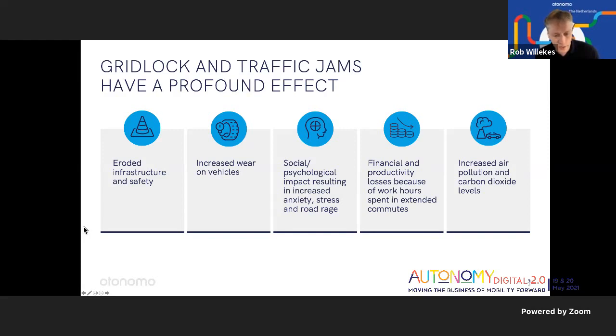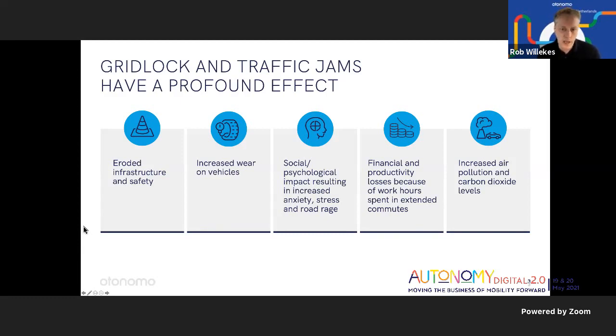increased wear and tear of tires, which creates particulate emissions, which are very bad for the health, of course. But also traffic congestion has a financial and economical value. The more congestion, the more damage it does to the economy.